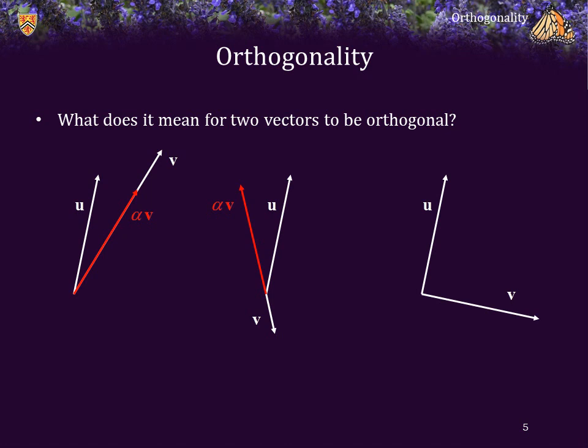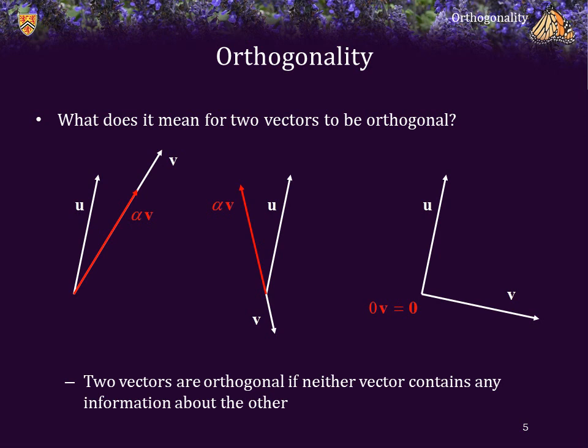If two vectors are at right angles, the closest we can get to u as a scalar multiple of v is to multiply v by 0. That is, the 0 vector is the best possible approximation of u as a scalar multiple of v. And that's not a very good approximation.